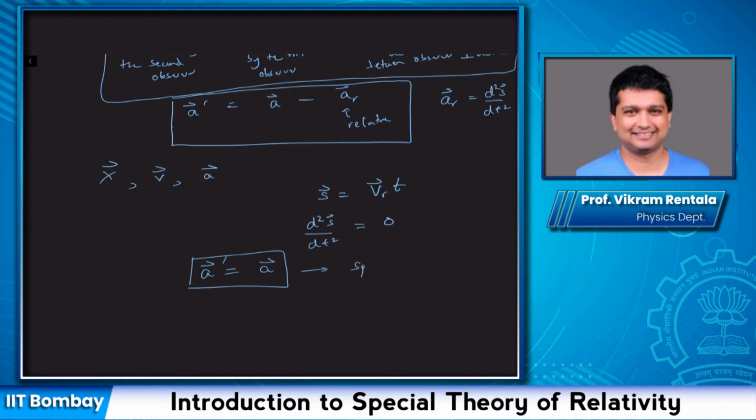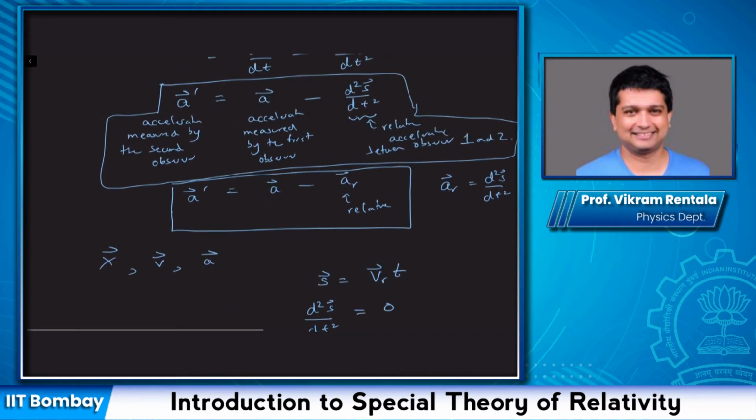So this is a special case of uniform relative motion between the two observers. When I say uniform, we mean motion with constant velocity. And when I say acceleration measured by the second observer, this is the acceleration of a particle, some object that both observers are looking at.